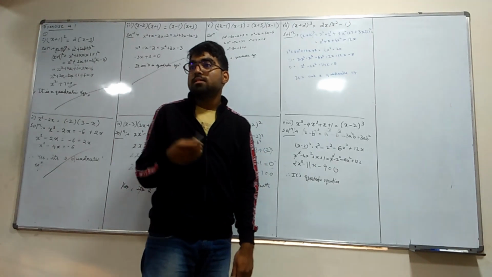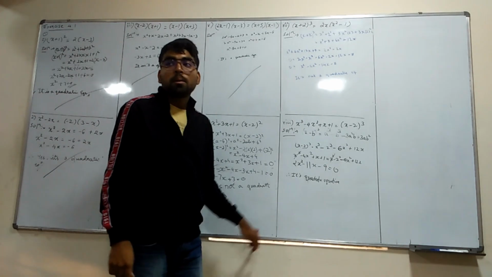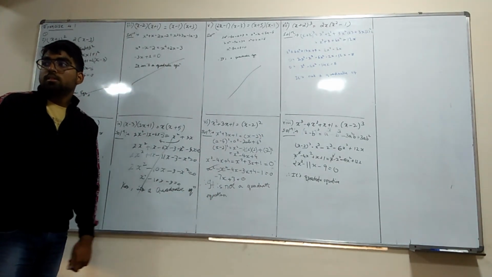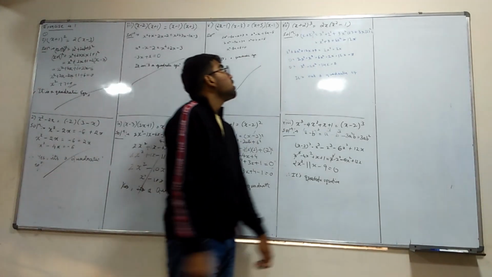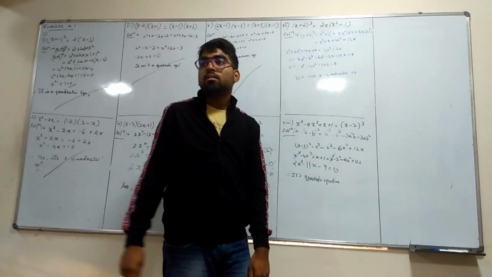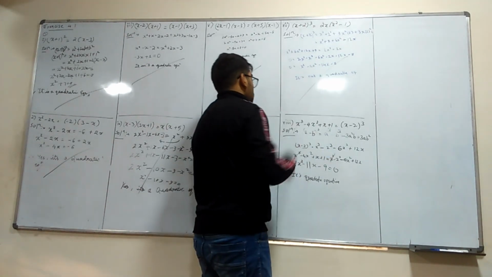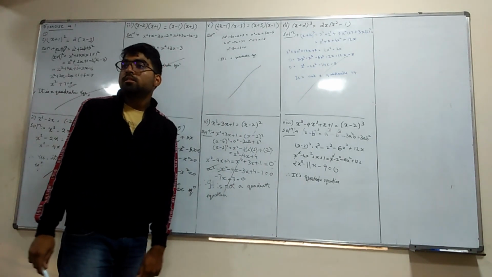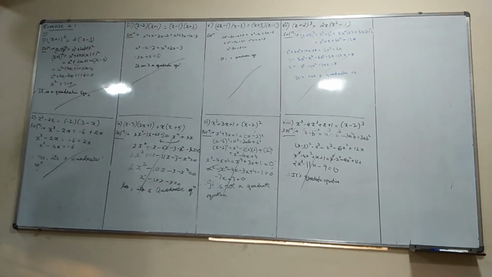No one is able to see, so no doubts are there. 6, doubt? 7, 8. Question number 8, questions are being made here of this type, you can solve now.